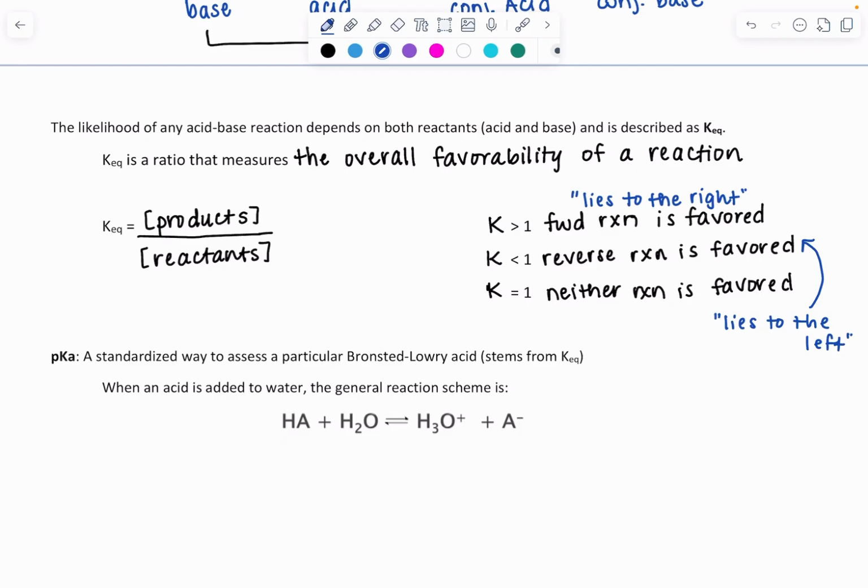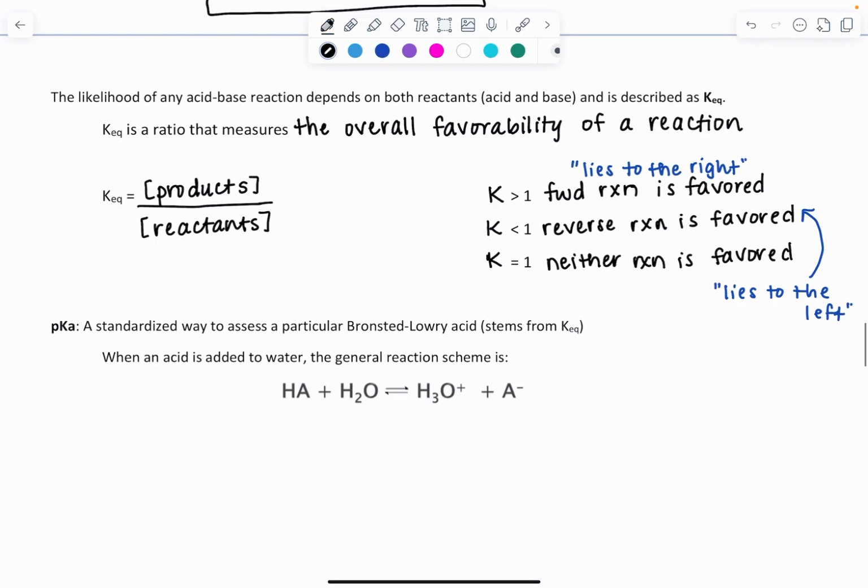So when a weak acid is added to water, we can describe the KEQ using this general reaction scheme, where we have products over reactants. So we have the conjugate base concentration times the conjugate acid, H3O plus concentration, divided by acid concentration and H2O concentration.